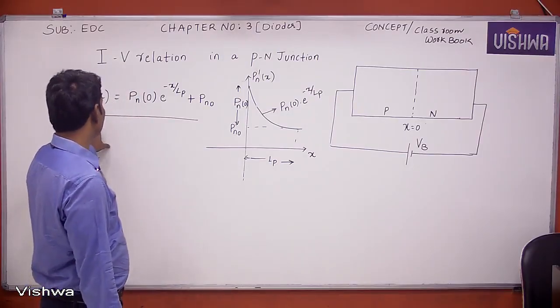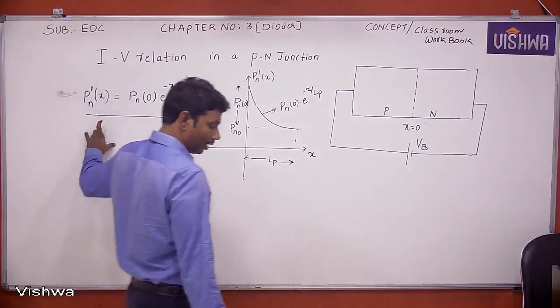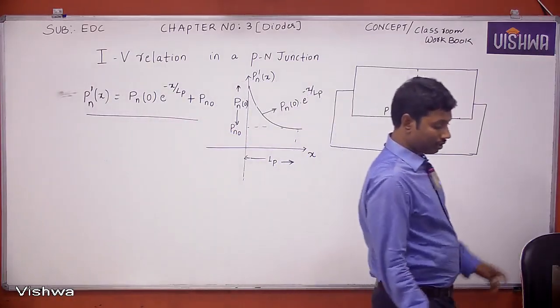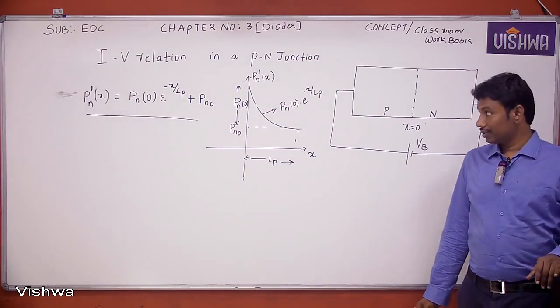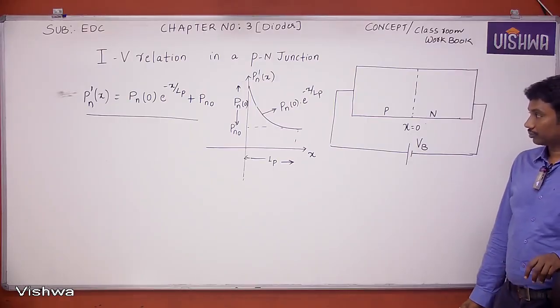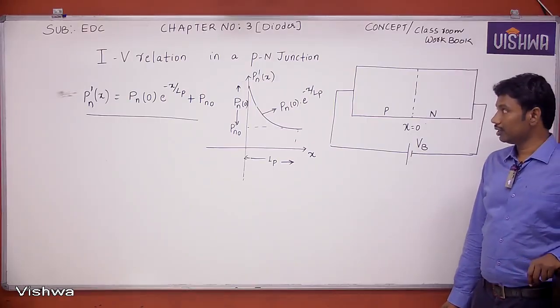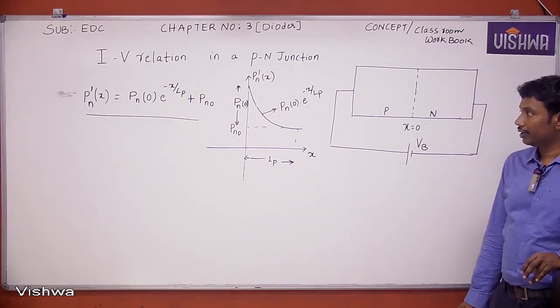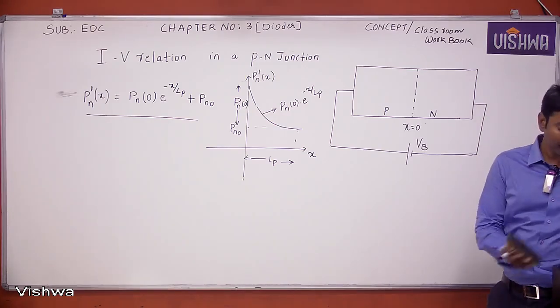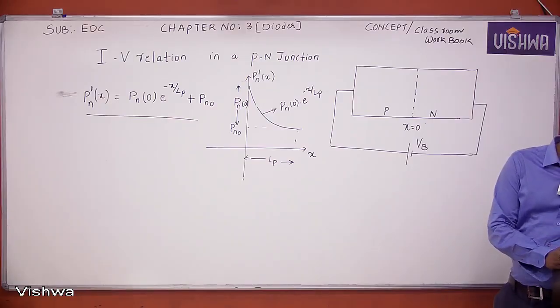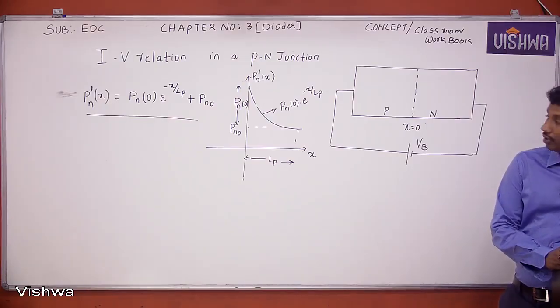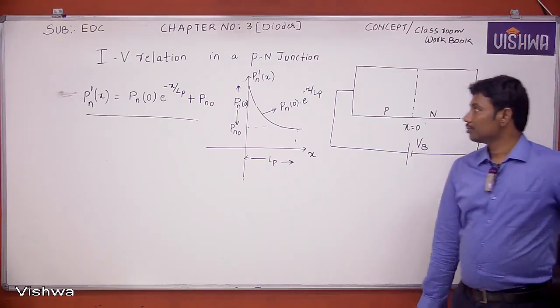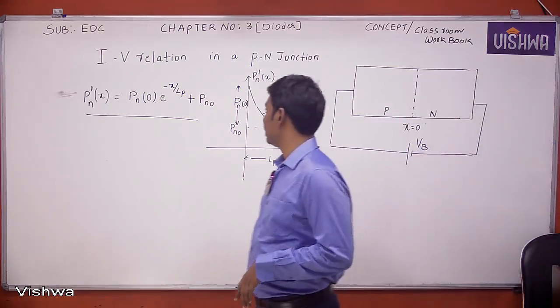Write down this equation: Pn dash of x is equal to Pn of 0 into e power minus x by Lp plus Pn naught.